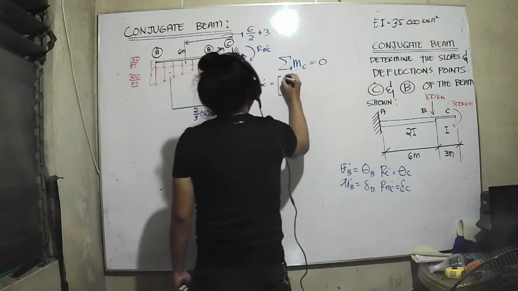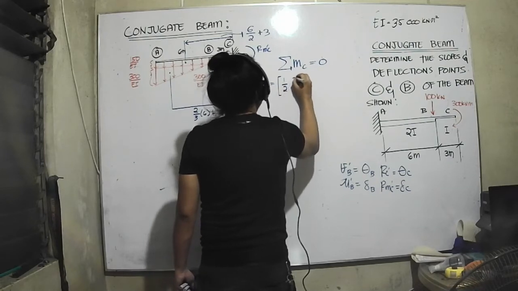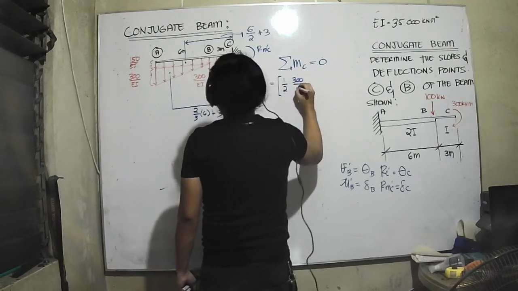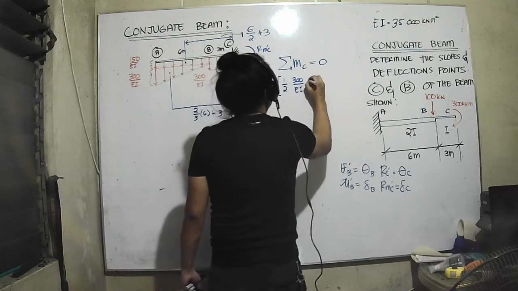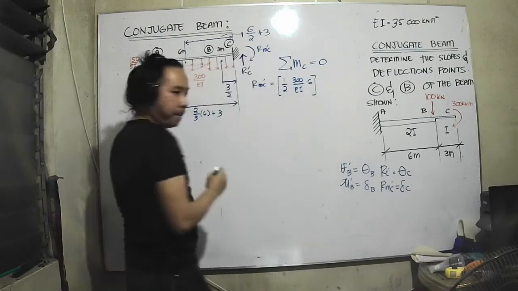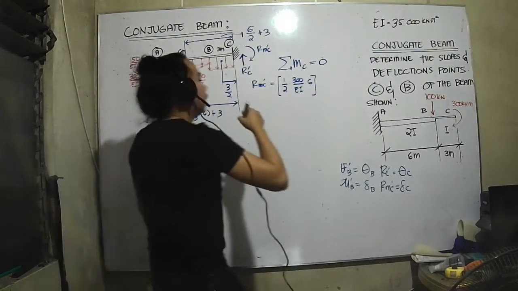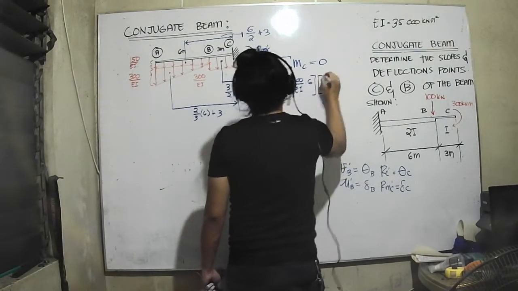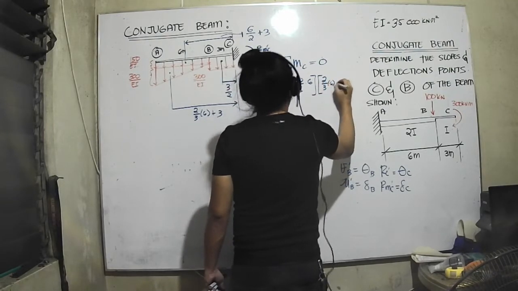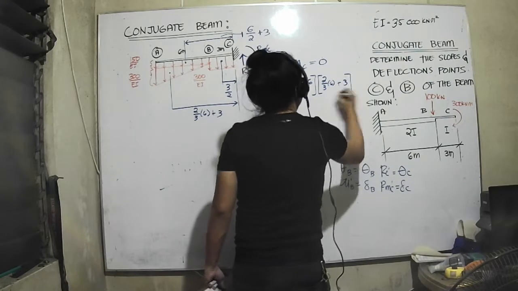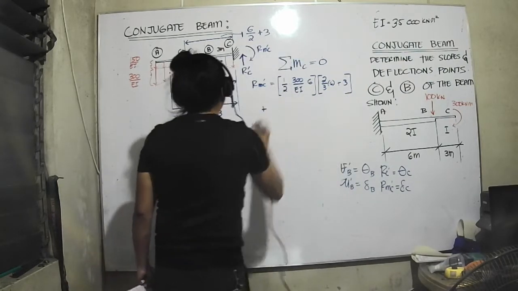Area of the triangle is 1/2 times height times base, which is equal to 6, multiplied by its moment arm, 2/3 of 6 plus 3.